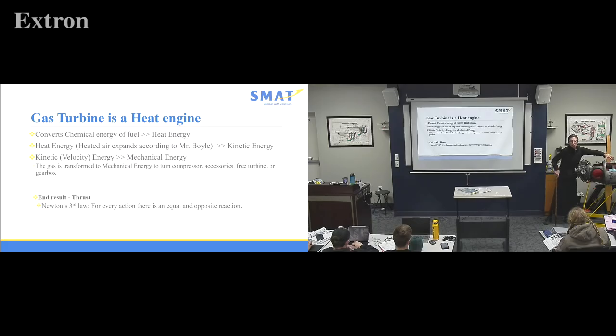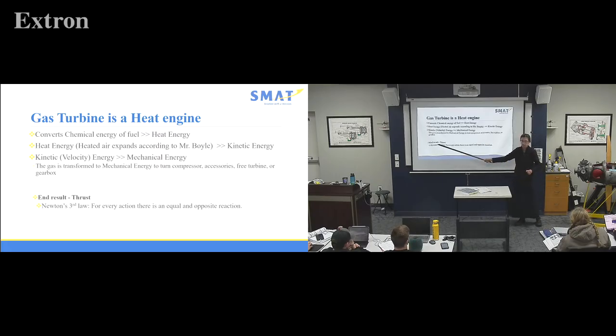Turbines. So all of that kinetic moving velocity energy, whoosh, coming out of the combustion chamber, we extract with our turbines spinning around, stealing that energy. Is the energy spinning the turbine, or is the turbine spinning the energy? Energy spinning the turbine, converting that into mechanical energy.